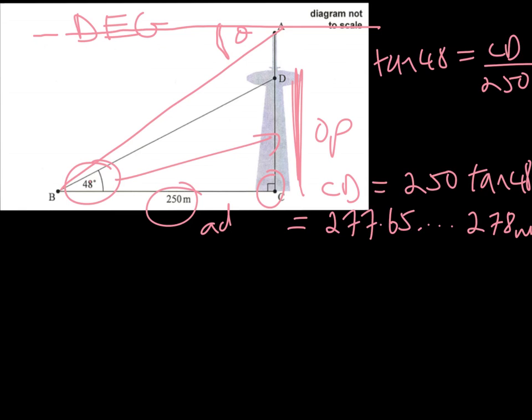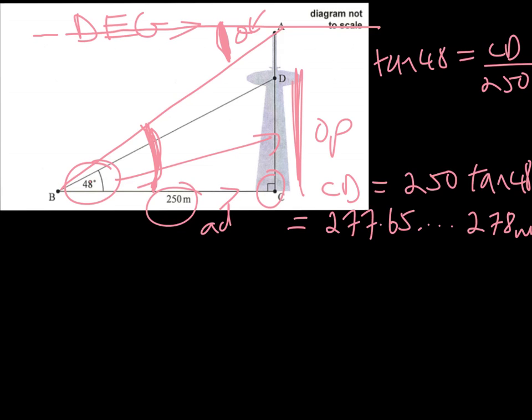Now, because this line here and this line are parallel, we can see that this angle of depression here will be the same as this angle here. So in order to ascertain the angle of depression, we need to figure out how on earth we can work out this angle here.